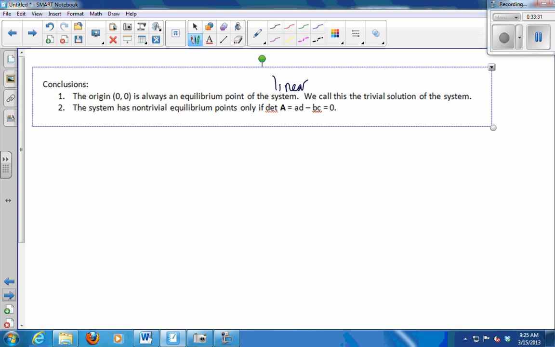If Romeo and Juliet both start out completely indifferent to each other, their feelings never change. So we call this the trivial solution. And then the system has non-trivial equilibrium points if the determinant of A equals 0. That's the only time you'll get another equilibrium solution, if AD minus BC is 0.